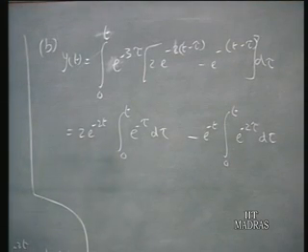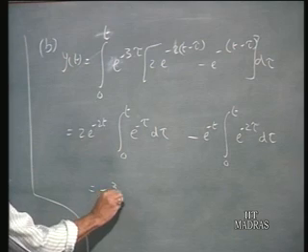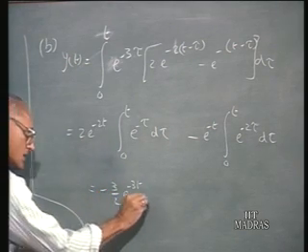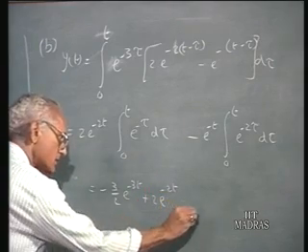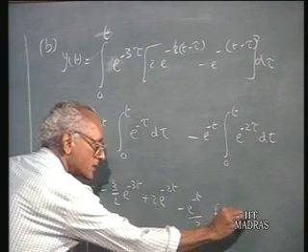If you carry out this work, the answer will finally be minus 3/2 e^(-3t) plus 2e^(-2t) minus e^(-t)/2 for t greater than 0.